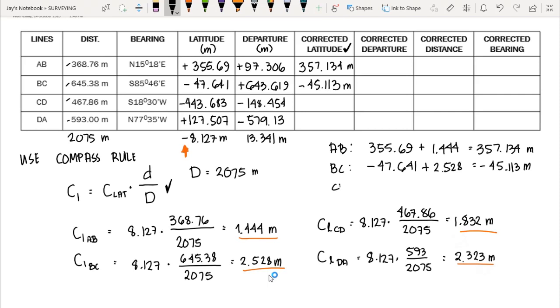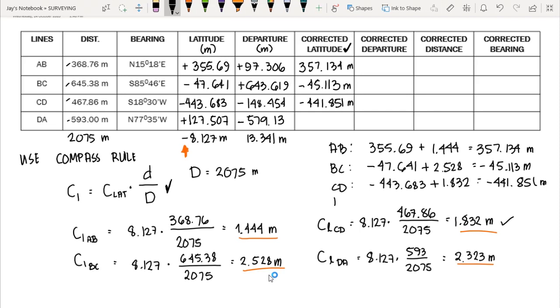For CD, we have the value of our latitude, which is negative 443.683. Then we sum up the correction, which is 1.832. The result is negative 441.851 meters.